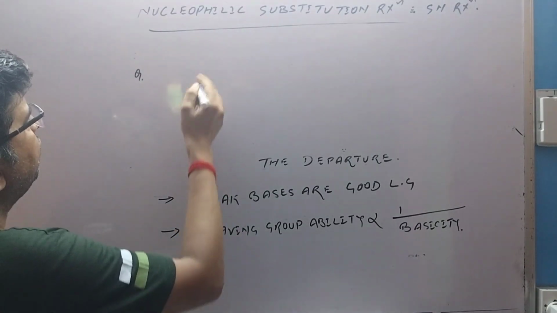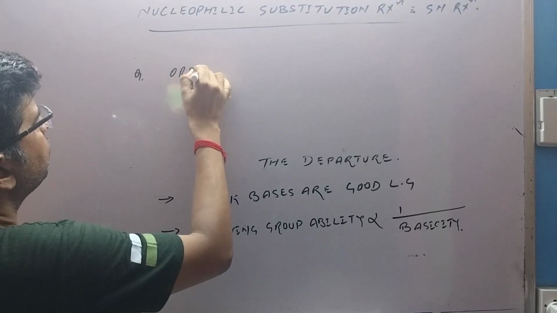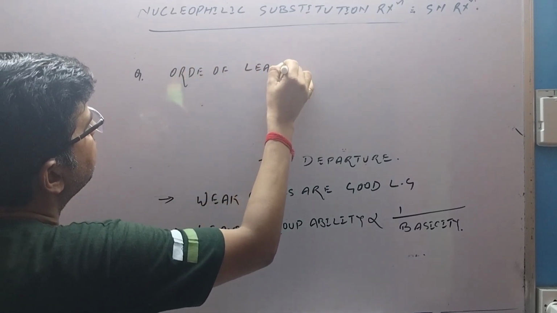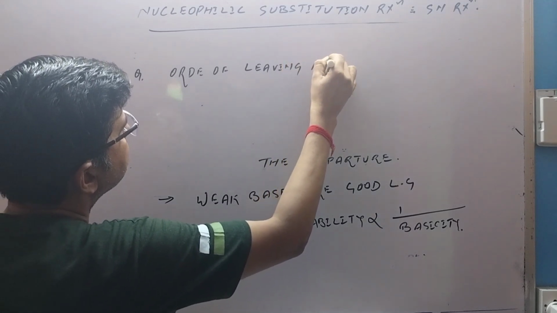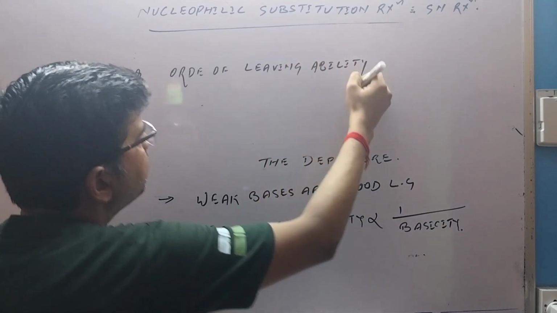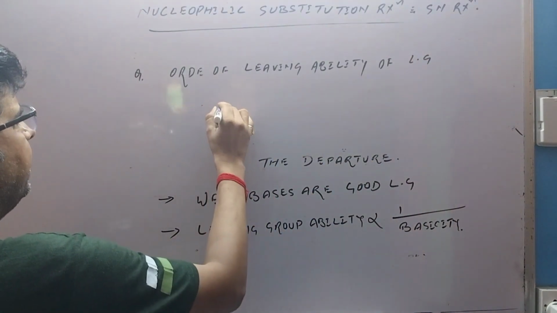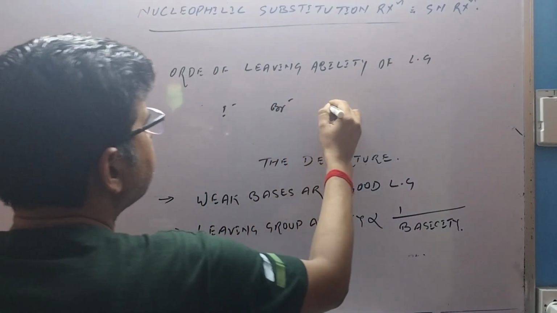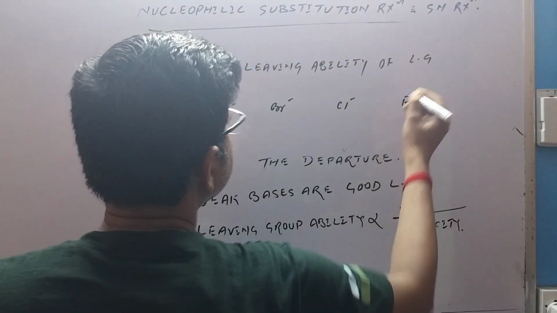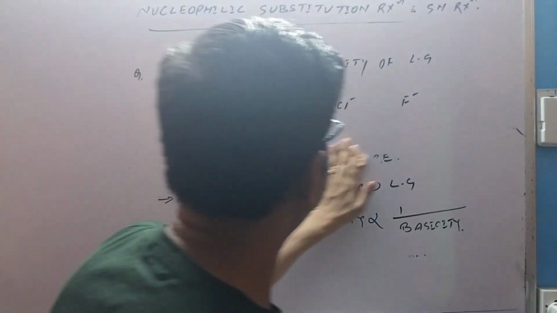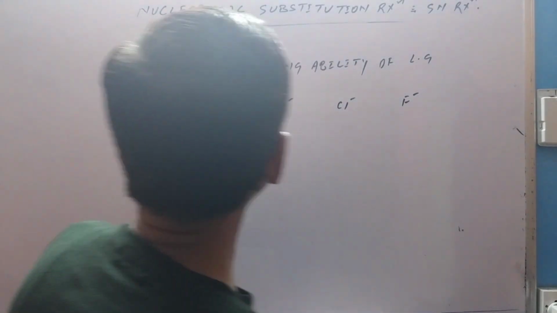If the question is given in this way, what should be the order of leaving ability of leaving group? The leaving groups given are I minus, Br minus, Cl minus, F minus. Weak bases are good leaving groups. Leaving group ability is inversely proportional to basicity. On this basis, we define the correct order.